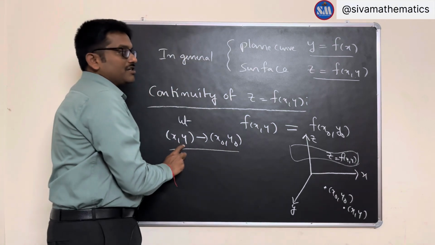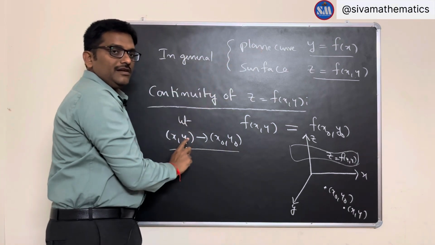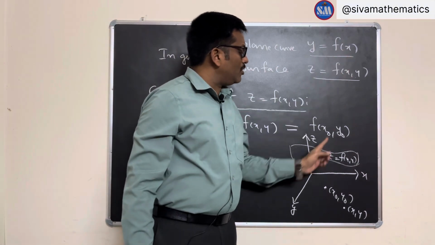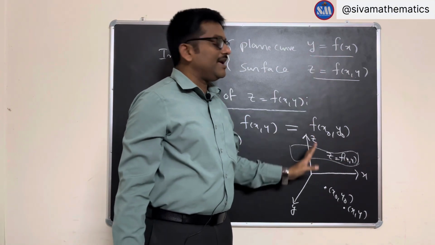This is the variation between functions of a single variable and functions of two variables. For functions of a single variable, the domain is the x axis and the range is the y axis.